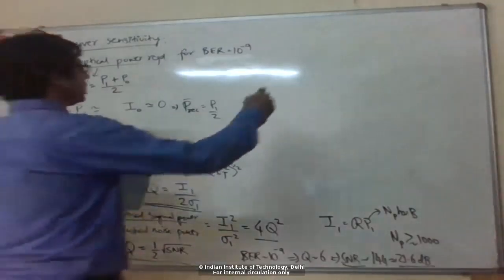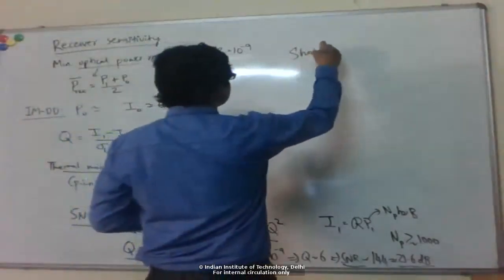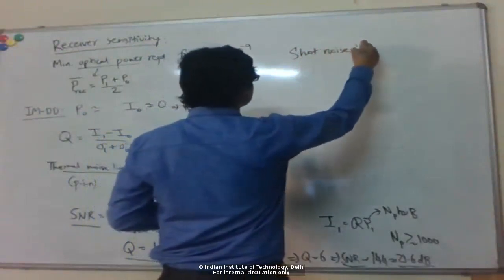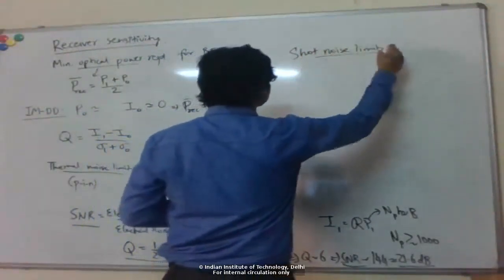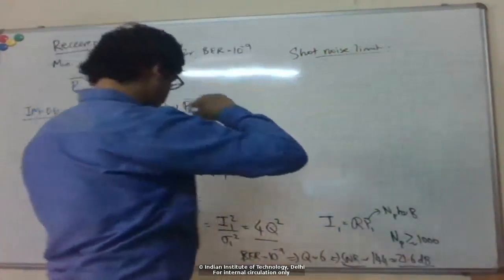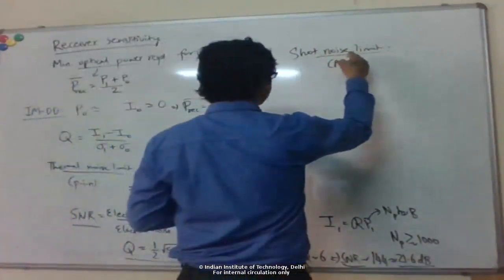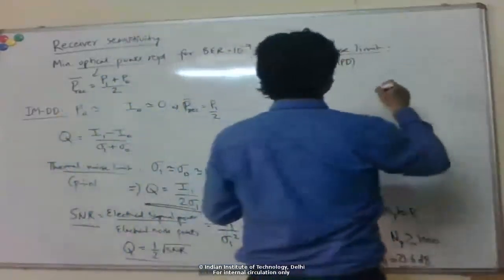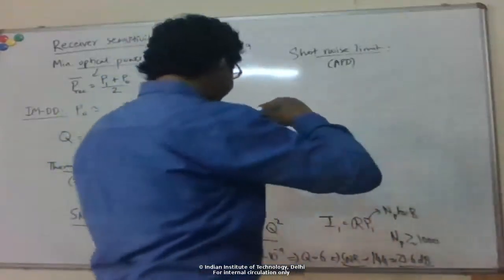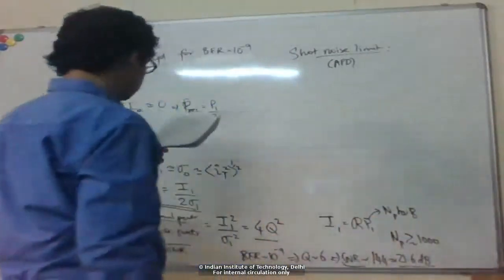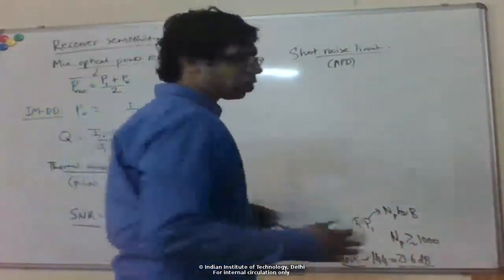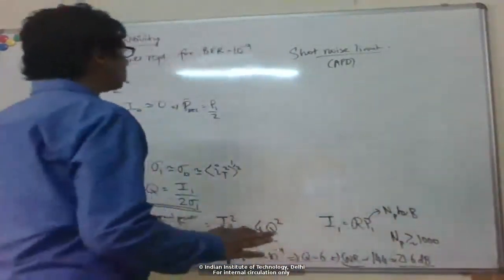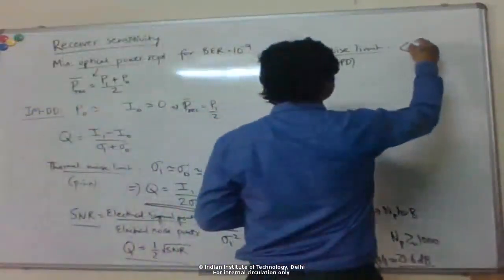Now let's say we were operating in the shot noise limit, for example by using an APD. Basically we are saying shot noise is dominant and thermal noise is negligible.